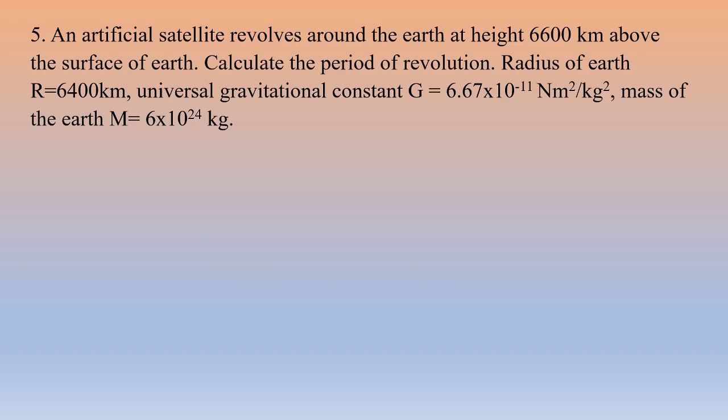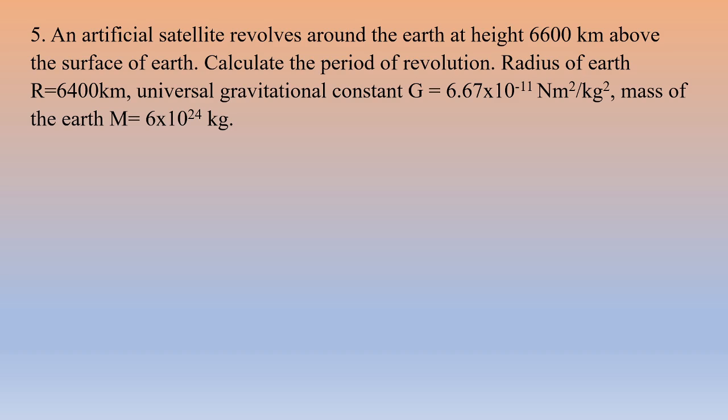Then move to the next. An artificial satellite revolves around the Earth at a height 6,600 km above the surface of Earth. Calculate the period of revolution.